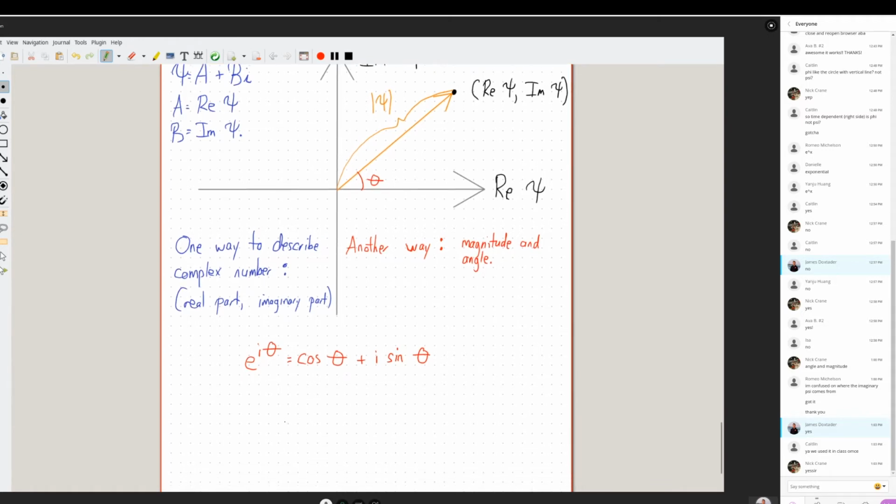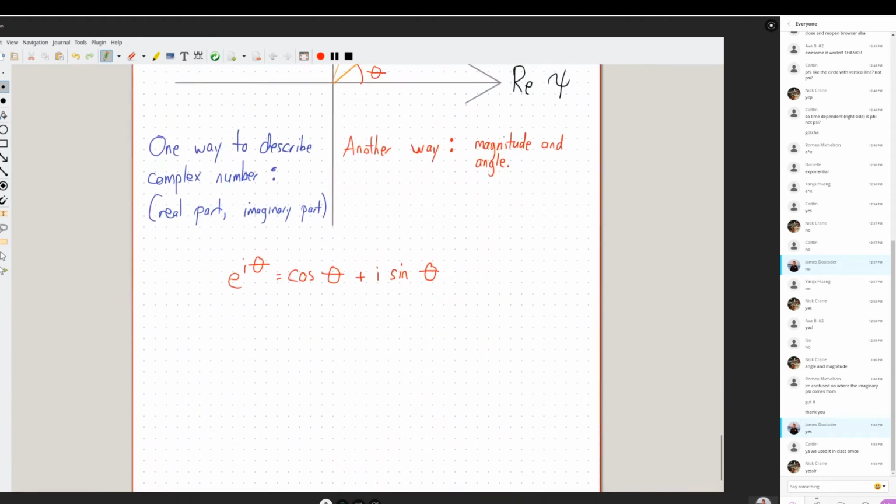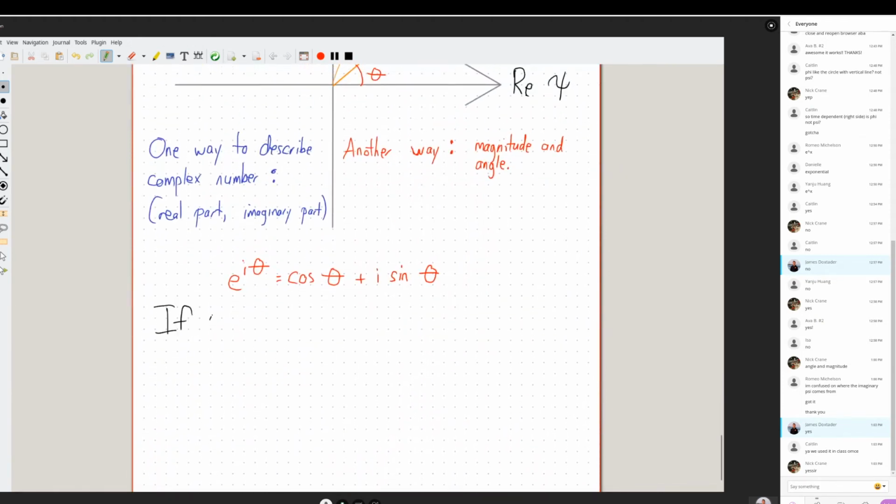So if psi is A plus Bi, then the magnitude of psi squared is psi times psi star, which is A squared plus B squared.